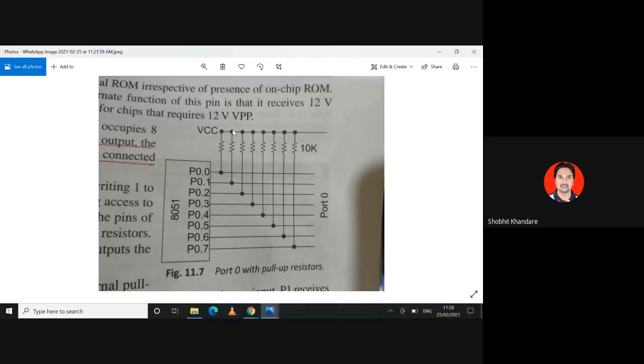You wrote that port 0 is an 8-bit open drain bidirectional I/O port. Full stop. It occupies 8 pins, pin number 32 to 39. Full stop.